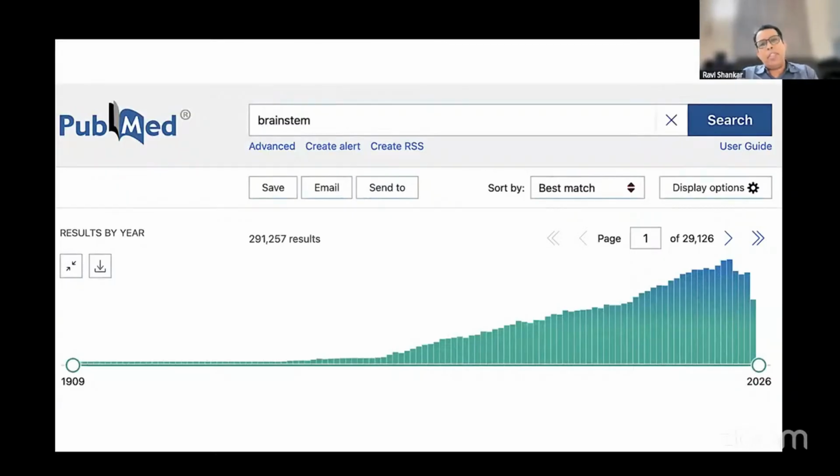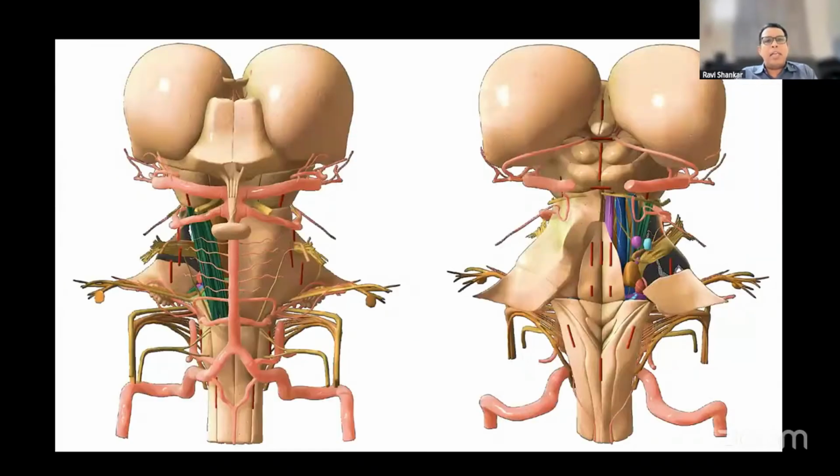In the first half of the 20th century, we hardly see any papers on the brainstem, because that was such a forbidden area where people didn't want to go or do research, due to the dense neurovascular structures and fiber tracts present in that small confine. It was taken as a no man's land where people didn't dare to go, because even a slight change in the morphology, physiology, or anatomy of it produced dense complications which were very unforgiving for the patient as well as for the surgeon.